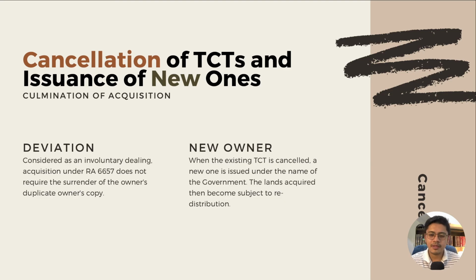Okay? It's the government now, because it is acquisition by the government. It's the government which acquires the property first. Okay? So that TCT will be in the name of the Republic of the Philippines, but that portion of land covered by that TCT is for redistribution later on. Alright? It's for redistribution later on, which we will discuss in the next modules.